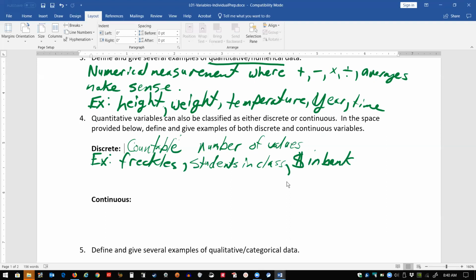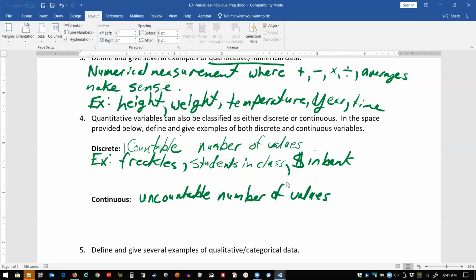So flipping from there, we can go to continuous quantitative variables. Now, these have a lot more values. The continuous variables are uncountable, so they could be paralleled to our set of real numbers.